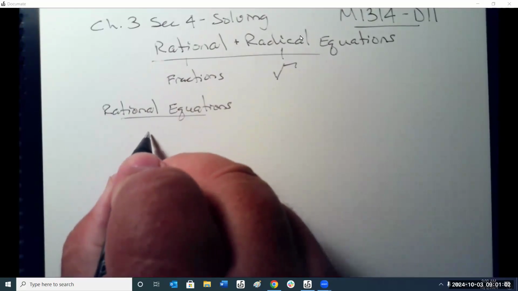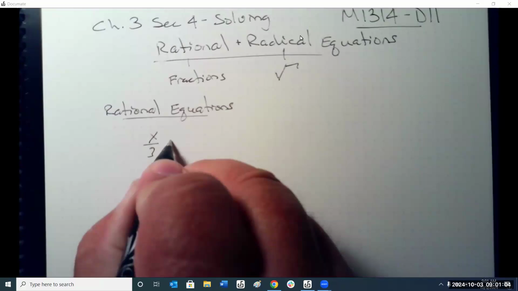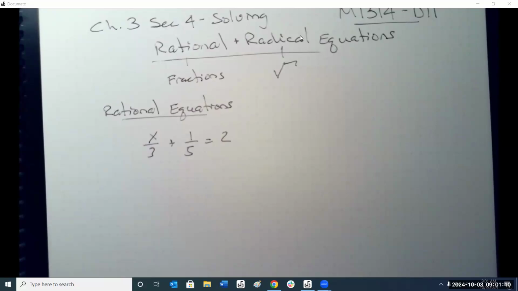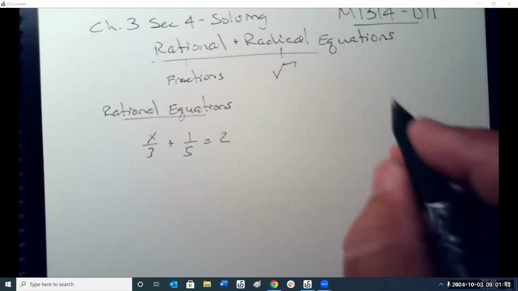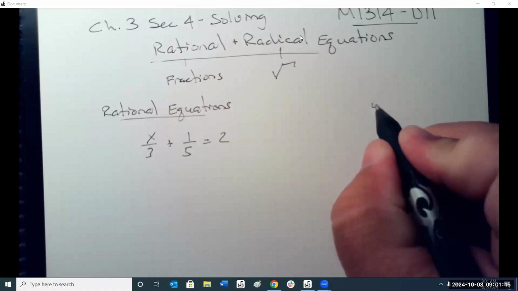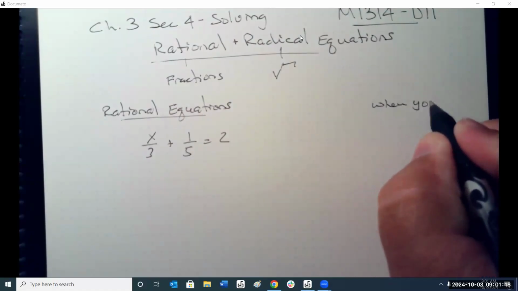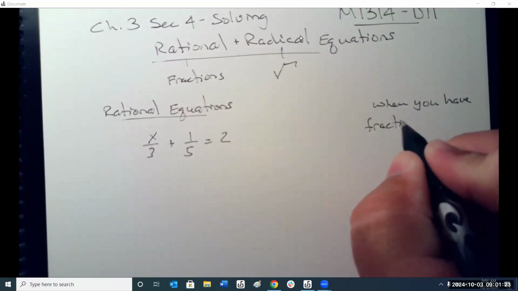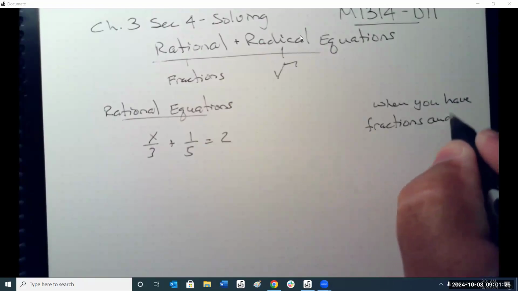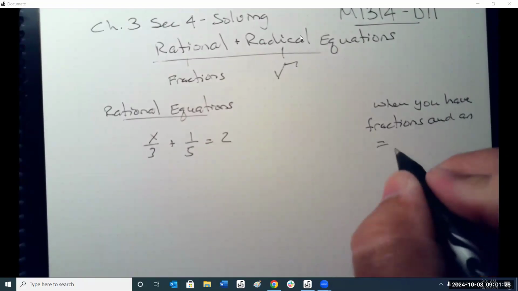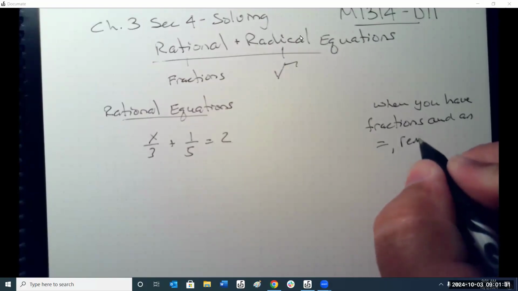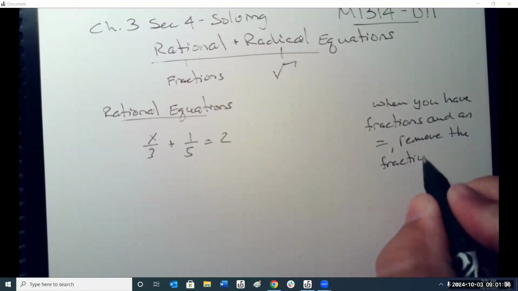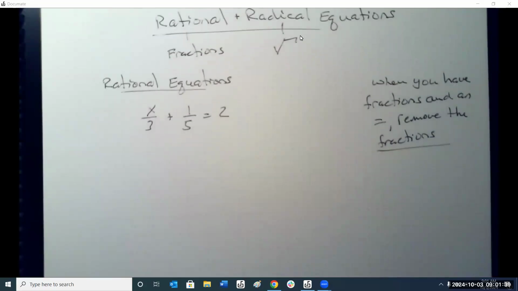If I gave you something like x over 3 plus 1/5 equals 2, remember I said there are 5 steps whenever you have fractions and an equal sign: remove the fractions. That's always been the rule.